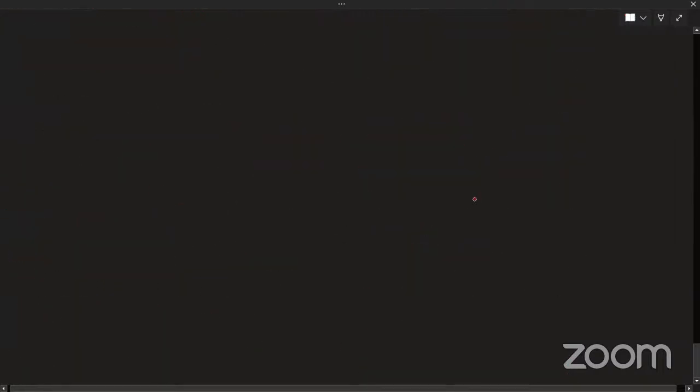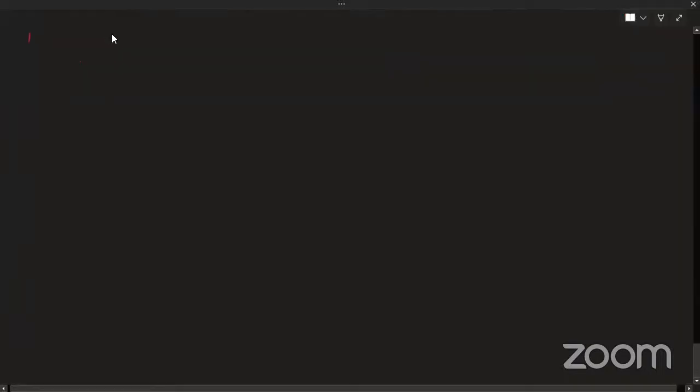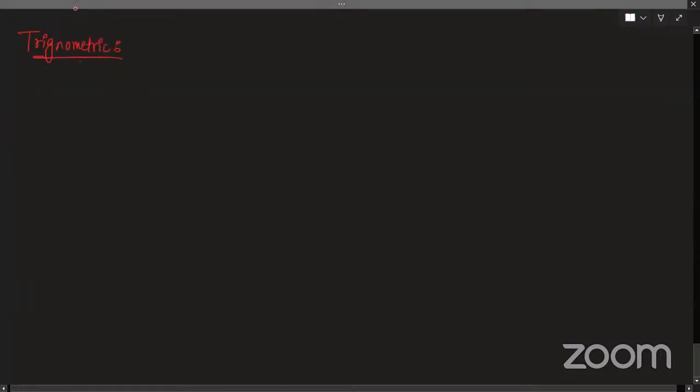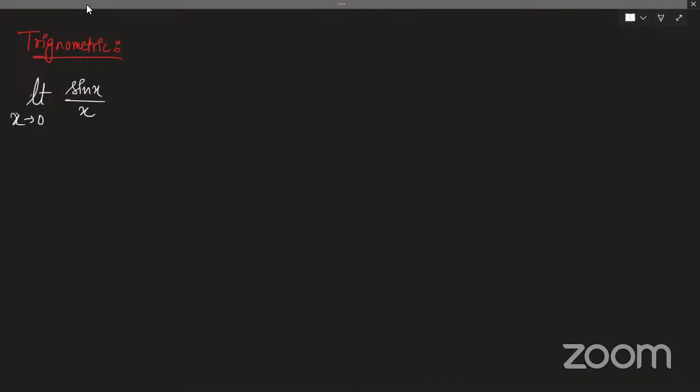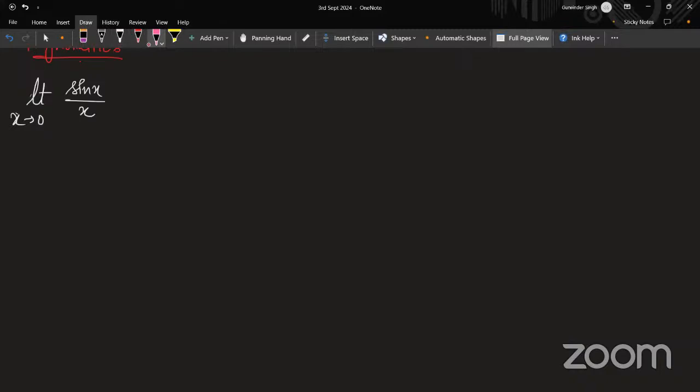Now let us approach with a little bit of trigonometry. I have got limit x tends to 0 of sine x by x. Can you think, sine x by x, which form is this coming to?